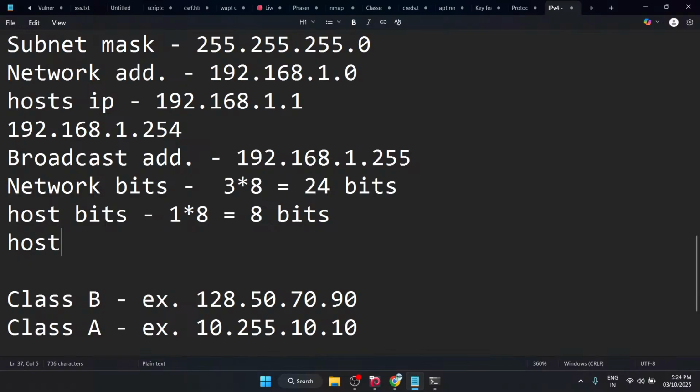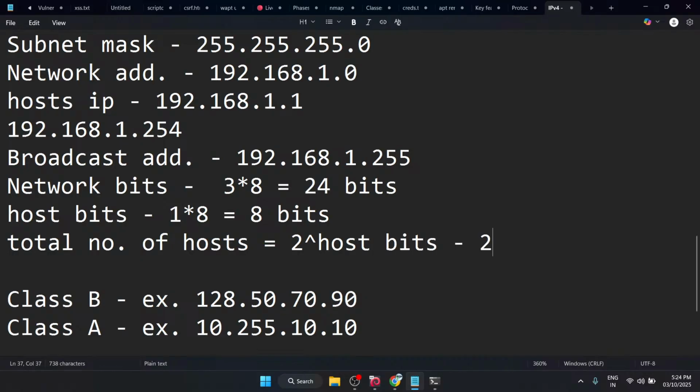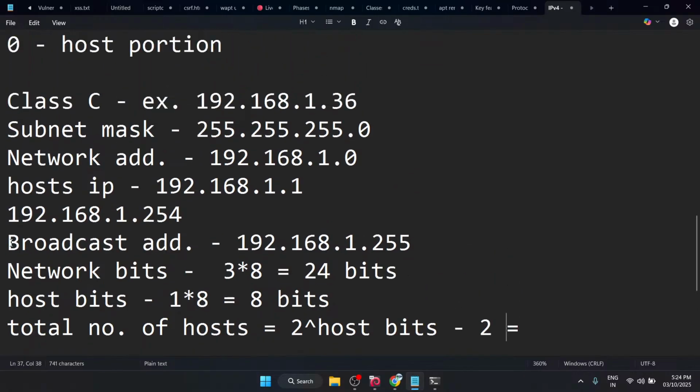Now, how many hosts can sit upon a single network of class C? For the total number of hosts, we have a simple formula: 2 to the power host bits minus 2. Why minus 2? Minus 2 is for deducting the broadcast address and the network address.